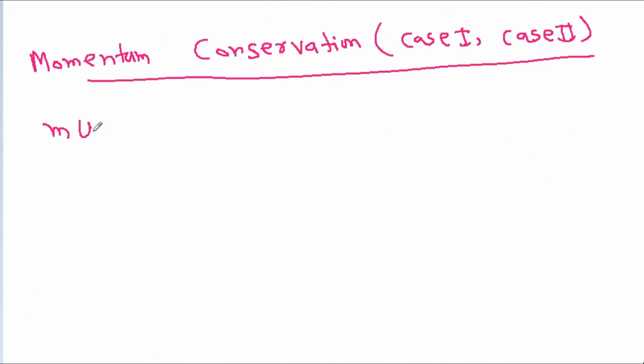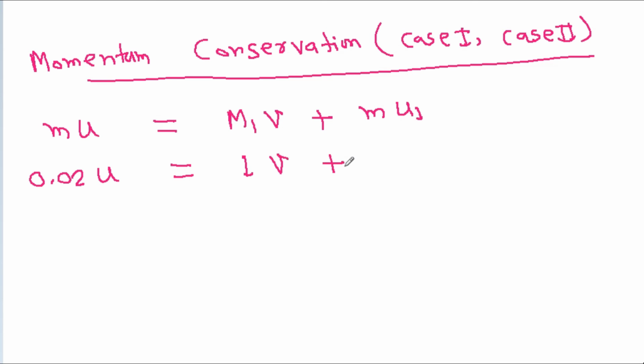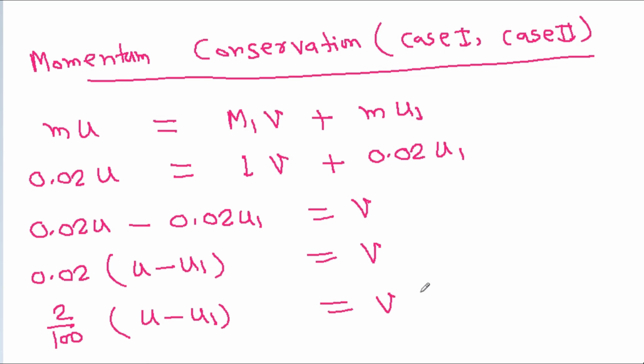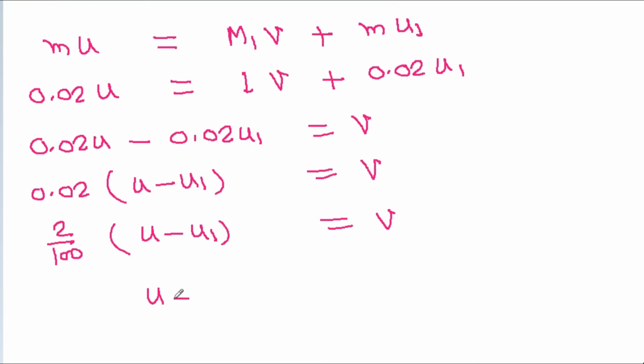It will be m times u is equal to m1 times v plus small m times u1, and m is 0.02 kg, so 0.02 u is equal to 1 times v plus 0.02 u1, and it is 0.02 u minus 0.02 u1 is equal to v, and we can take 0.02 common, and it is u minus u1 is equal to v over 0.02, or it is 2 by 100 times (u minus u1) is equal to v, or it is u minus u1 is equal to 100 by 2, that will be 50v. Suppose this is equation 2.